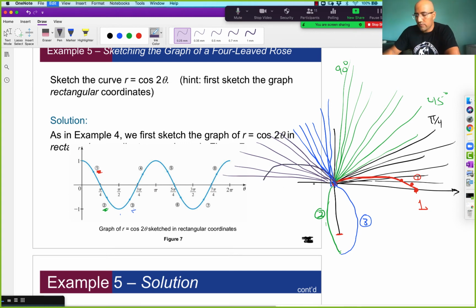Wow, that's really ugly. Something that looks like that. Good. Sort of, kind of, maybe. I know this is really messy. We'll use technology now, and it'll hopefully look a little better.